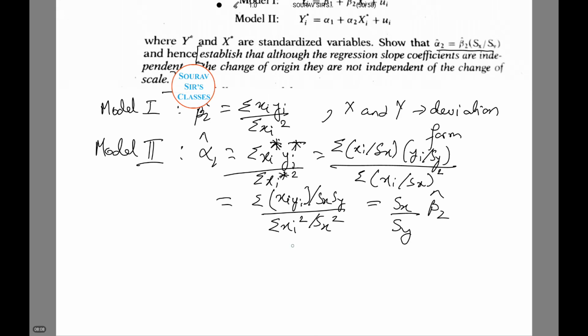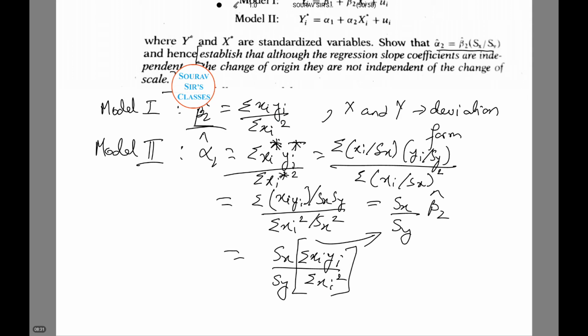I'll show you how I've derived this from this. Sx summation xi yi by Sy summation xi square, and as we have seen, the formula of beta 2 cap is nothing but this portion of the formula.